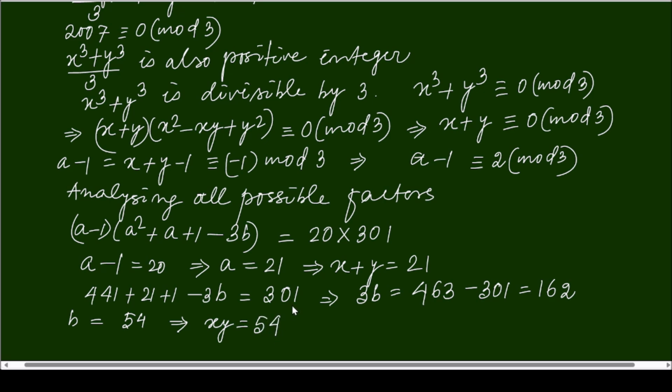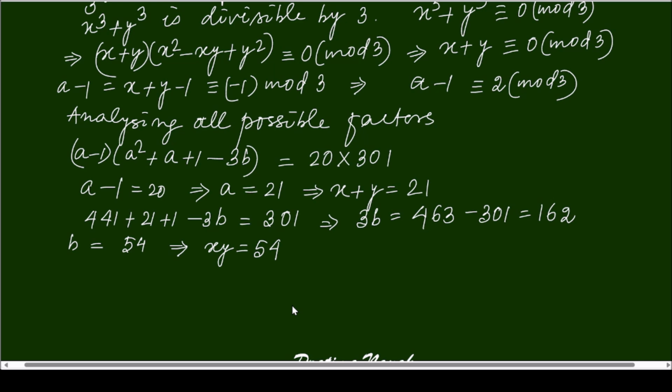Since these are all positive integers, there is no need of putting into the equation. We can think of x plus y as 21 and xy as 54. That means x equals 18 and y is equal to 3, or x is equal to 3 and y is equal to 18. So the solutions are 18, 3 and 3, 18.